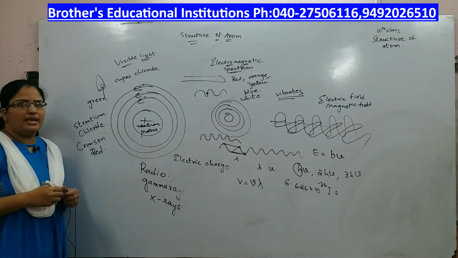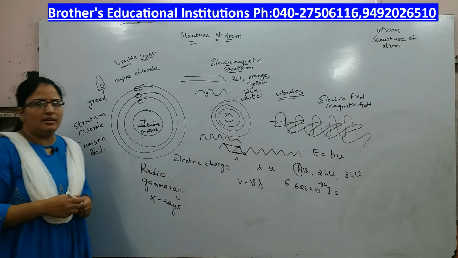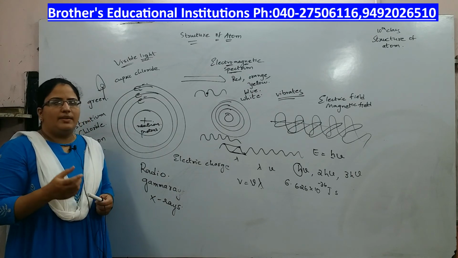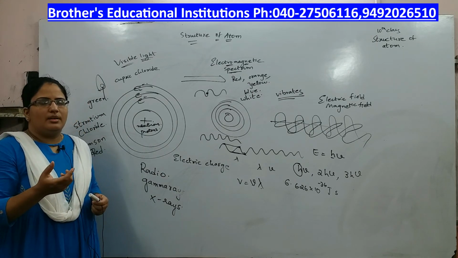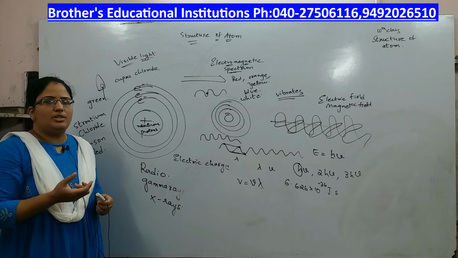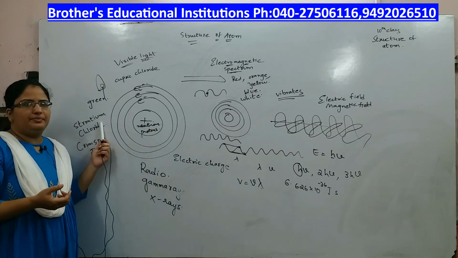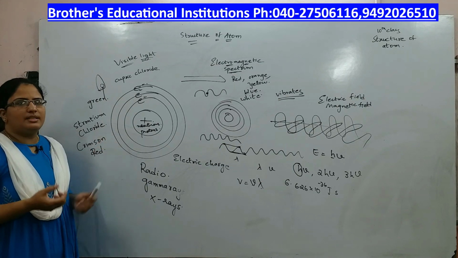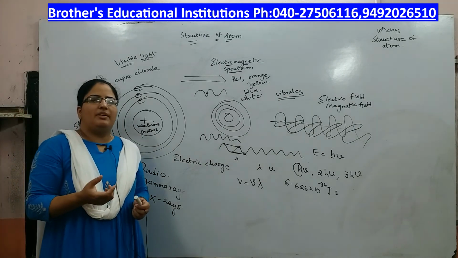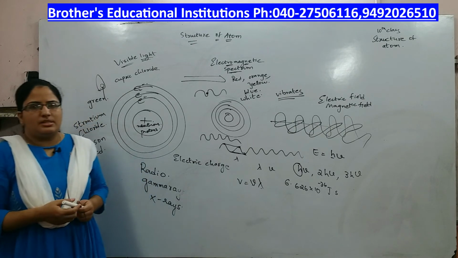So each element has its own characteristic color. It will give out its own wavelength, its own line spectra as per the color. That is called line spectra. This line spectra is different for different atoms.